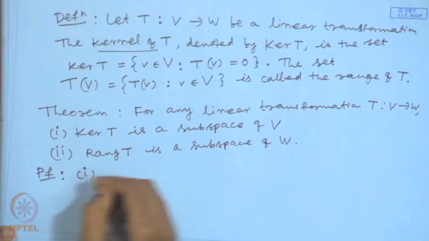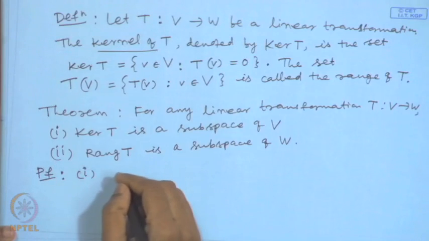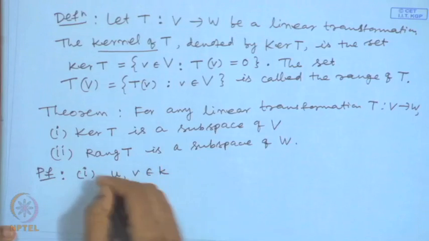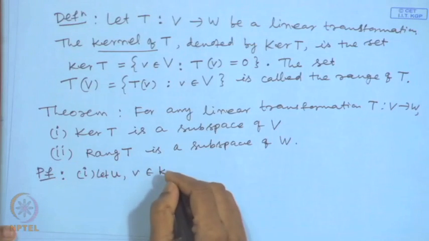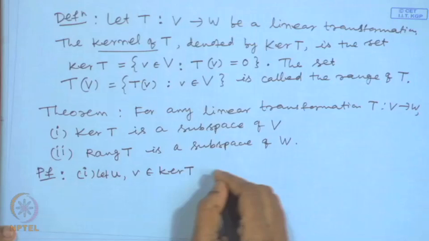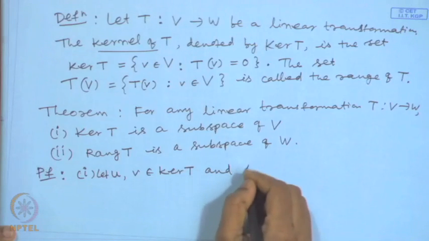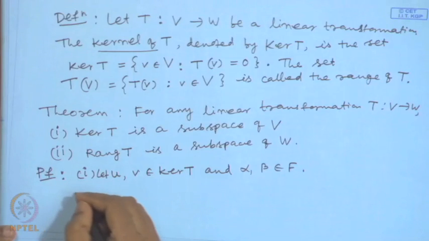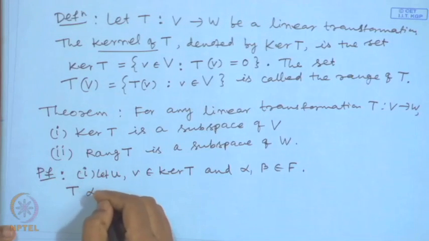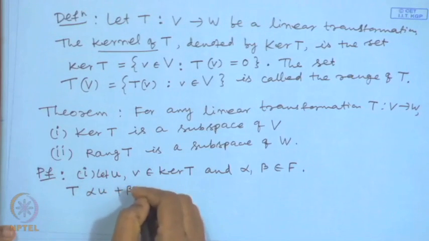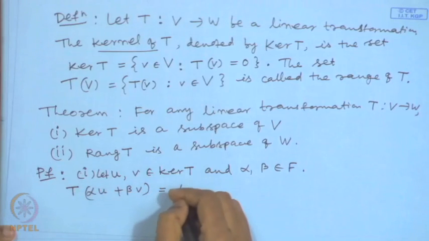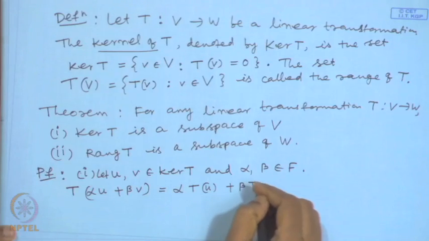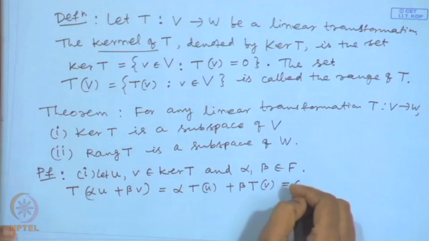The first one is: let u and v belong to the kernel of T, and alpha, beta come from the field F. So, T of alpha u plus beta v is equal to alpha times T u plus beta times T v, which is equal to 0.